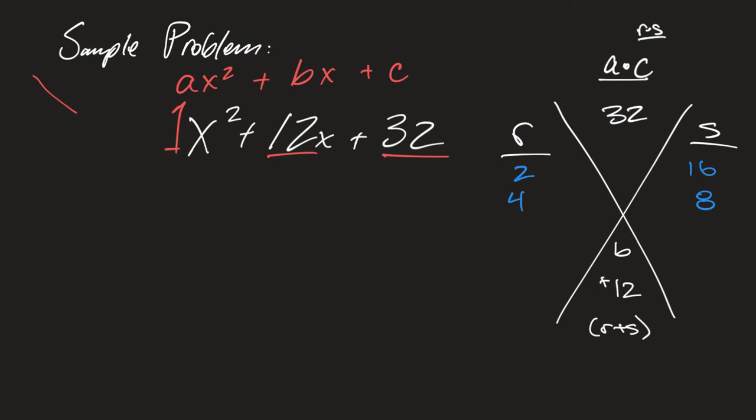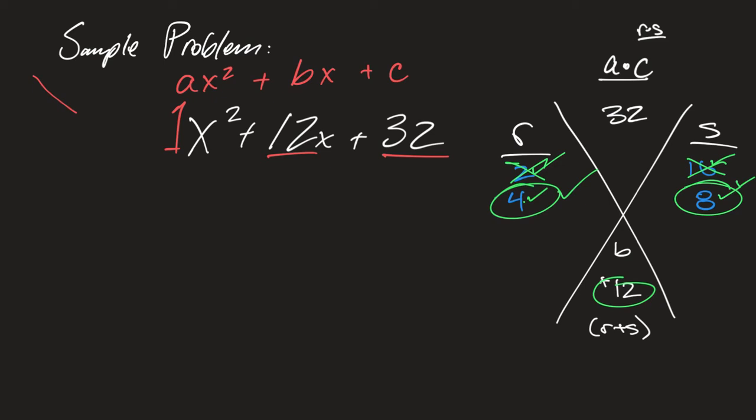And I think that's really it, because I don't need to go any further. If I multiply 2 times 16, I get 32, but if I add them together, I get 18. So I can't use those. I'm looking for 12. Well, 4 times 8 is 32, and when I add them together, I get 12.